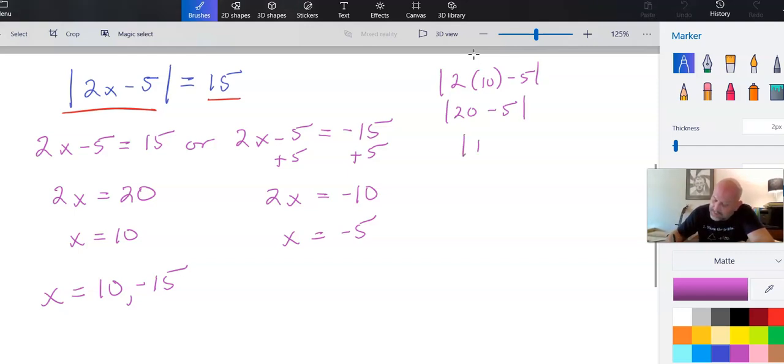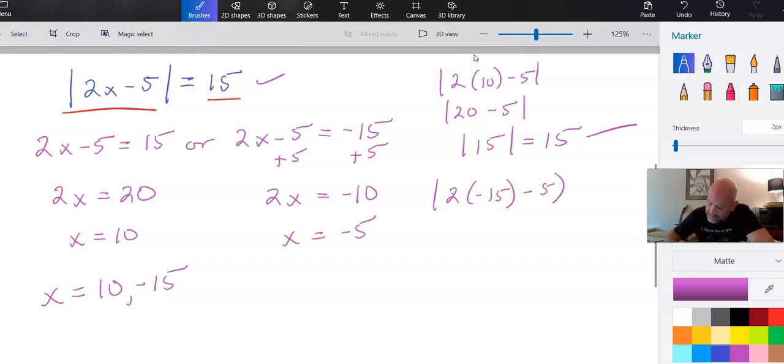And that's the absolute value of 15, which is equal to 15. Right? So that one checks. Now we need to check the other one. And we're saying we got negative 15 here. So 2 times negative 15 minus 5. Oops, absolute value. Where'd I go here?